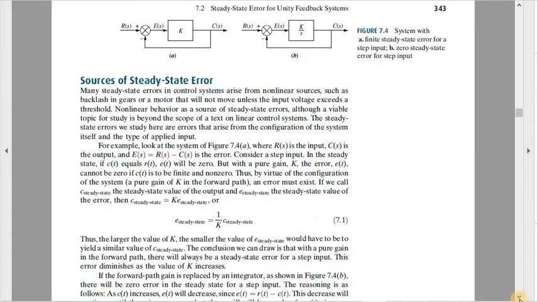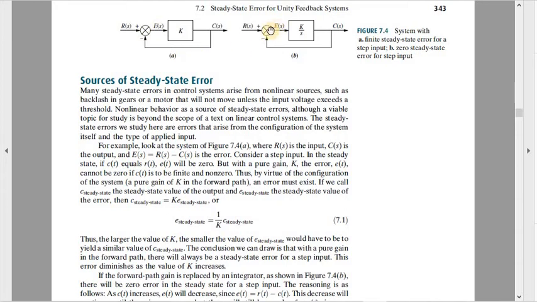Now if we consider this general form, we have to consider two blocks here to analyze the steady state error. The system in figure 7.4 has two block diagrams.